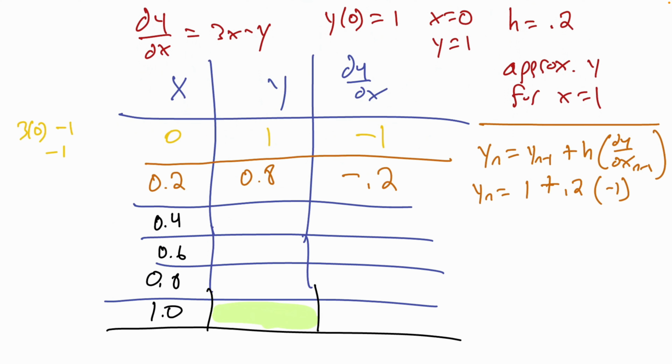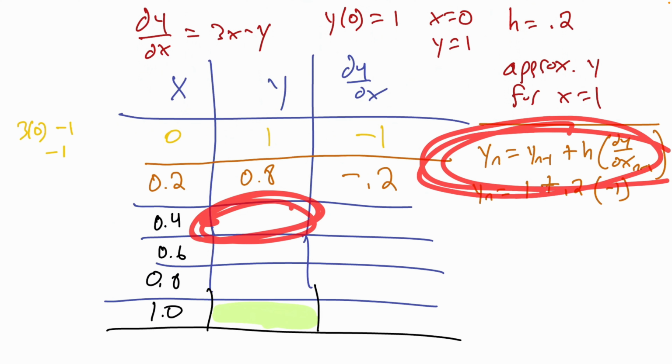And I'm not going to take the time to walk through every step now for the next 4 rows, but let me just talk it through, and then I'll give you the numbers and you can try it on your own. So we're always finding the new y, and that's over here. It's always the last y plus the step size times the last derivative.